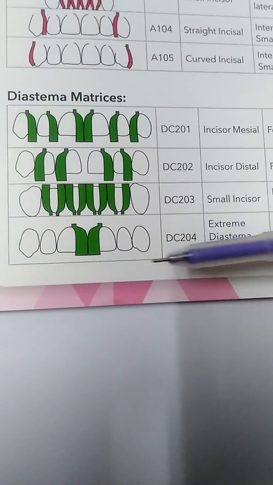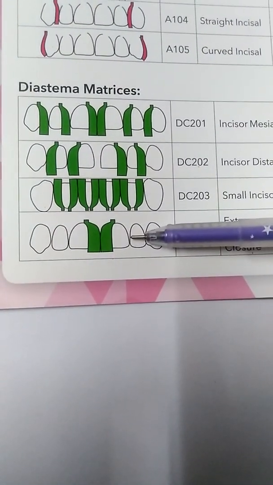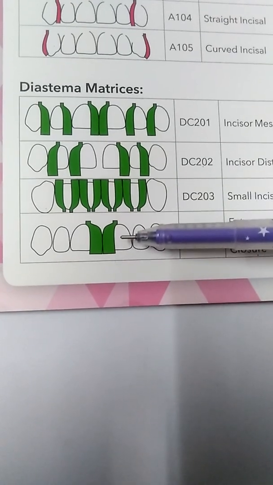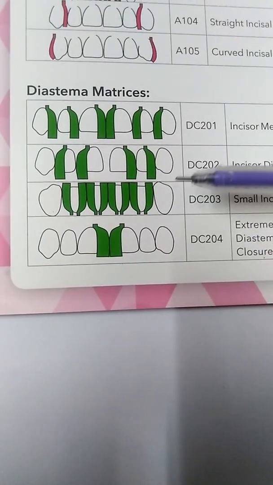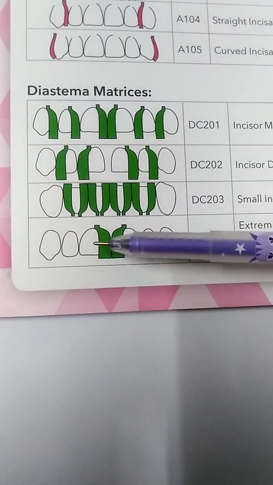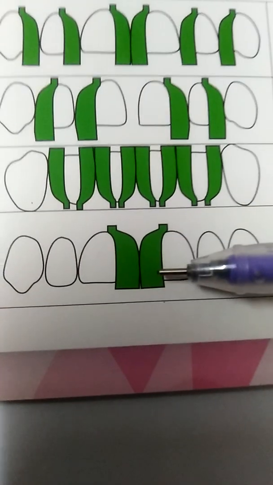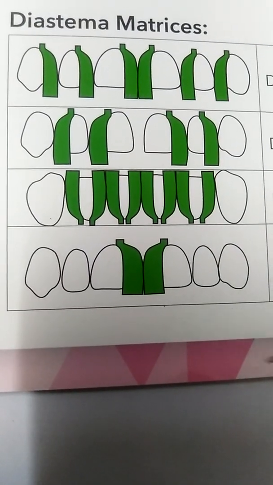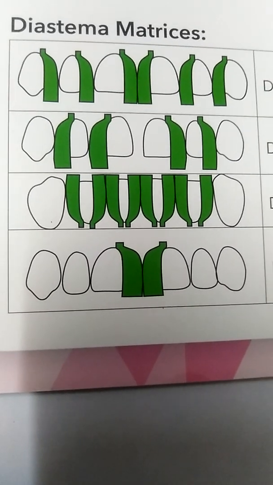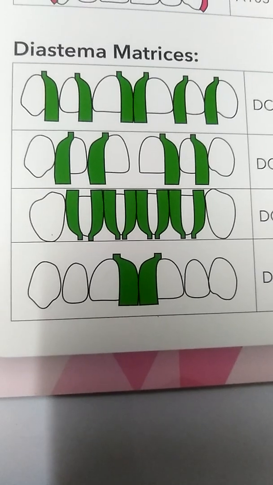But personally I feel that if you use this, the mesiodistal dimension of the centrals will be more and it looks like Dracula teeth. The golden proportion differs; anyhow we are closing the space, but the golden proportion ratio has been lost. So personally I feel that we should not use 204. It is better to use 201.